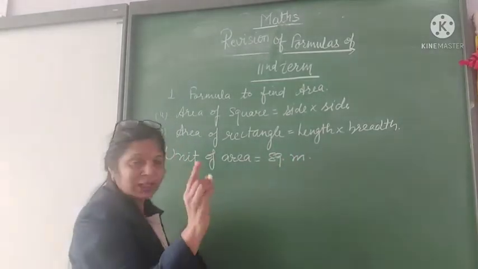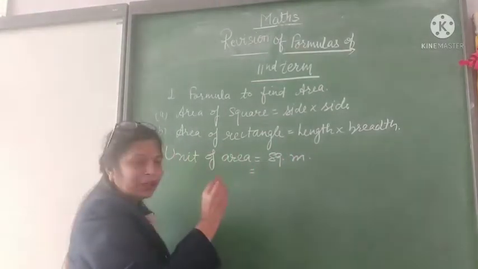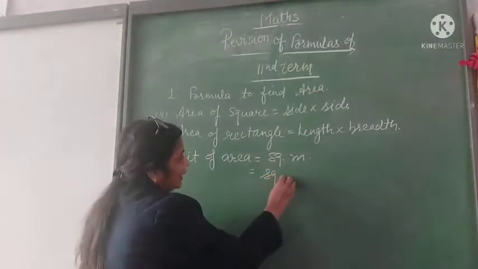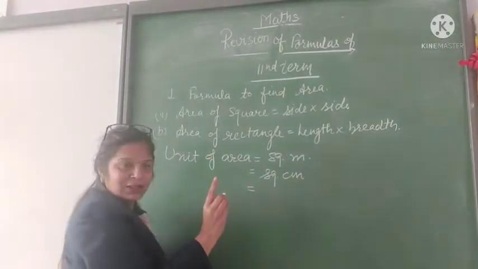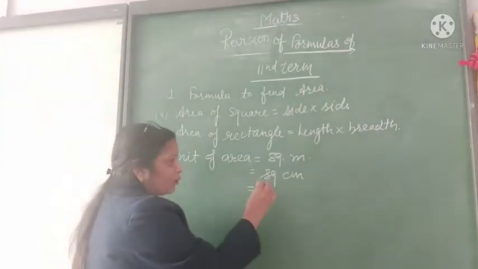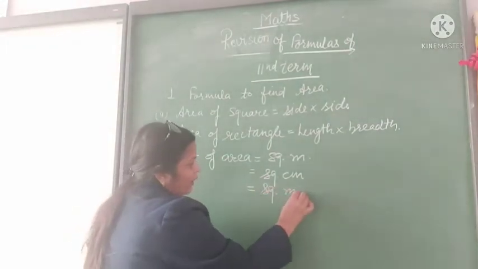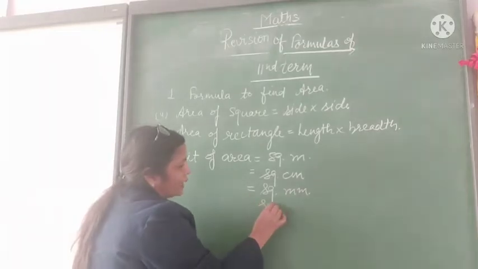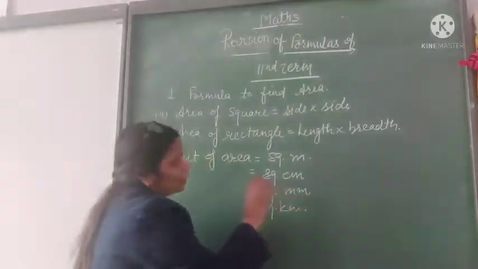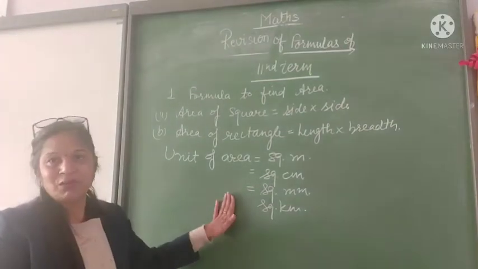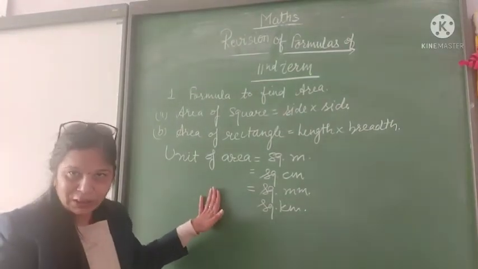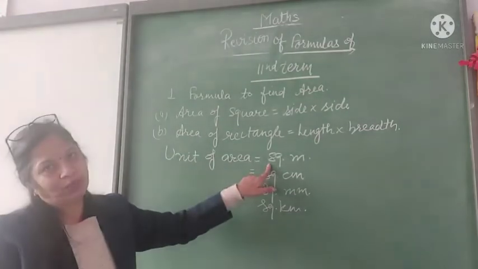If the unit has given in centimeter, square centimeter. If the unit has given in kilometer or millimeter, it will be square millimeter and then square kilometer. So these are the units of the area. Whatever unit you have been given in the question, same unit you will write here.